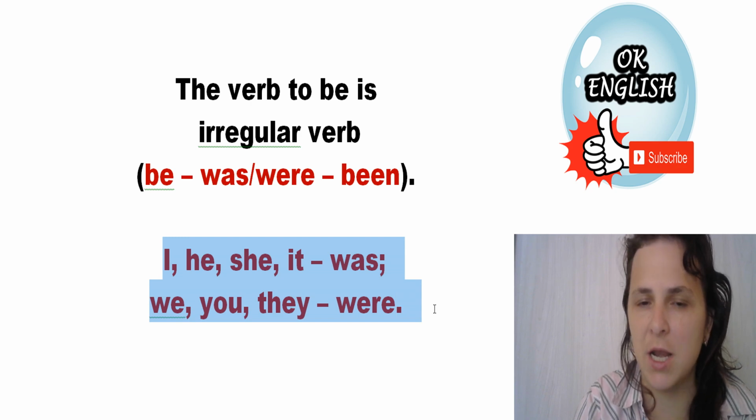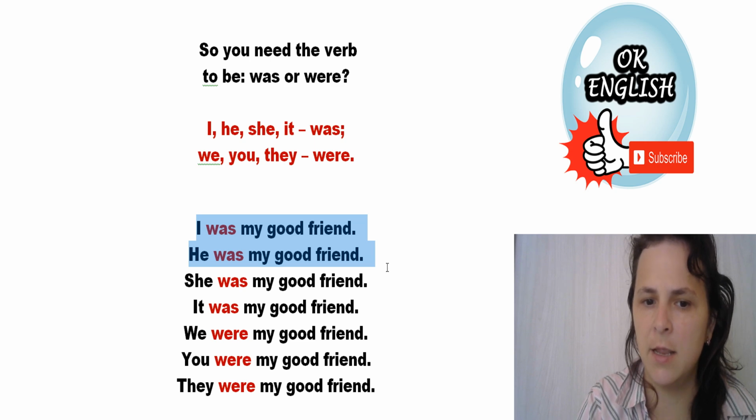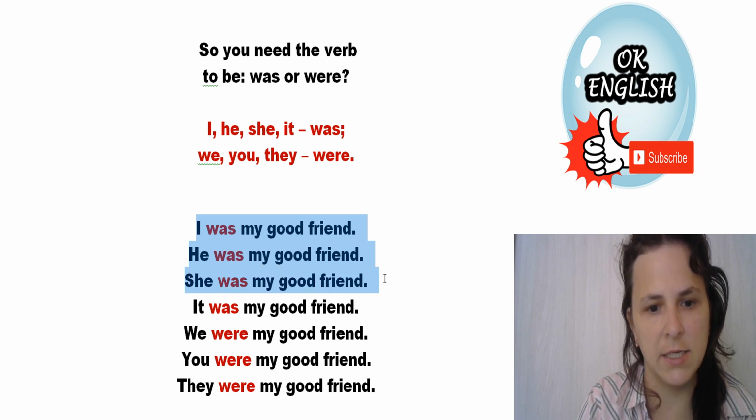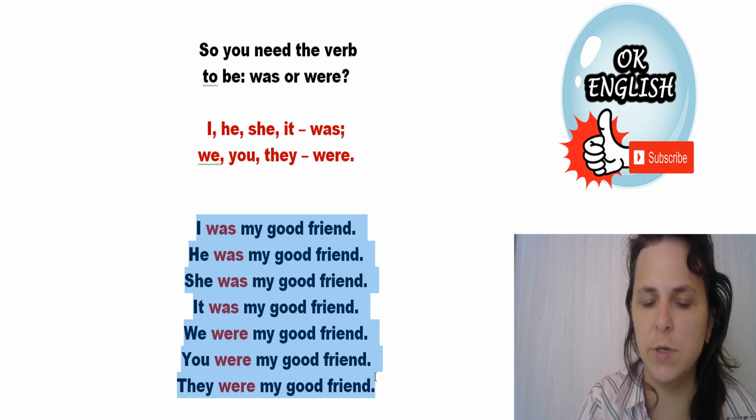Please remember it. For example, I was my good friend. He was my good friend. She was my good friend. It was my good friend. We were my good friend. You were my good friend. They were my good friend.